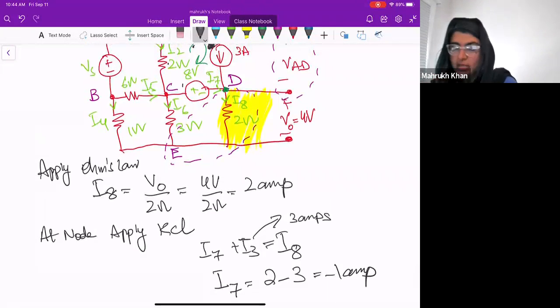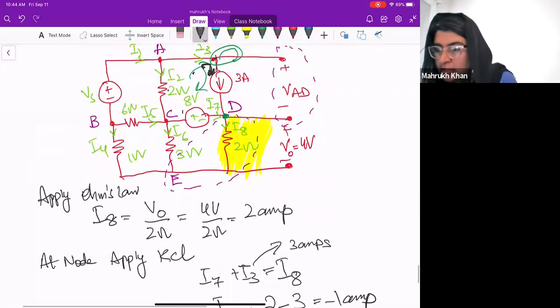Okay, one more thing you need to know now. If you see the circuit, you have VCD. This is 8 volts in this branch. And you have VDE, this one, that is V naught. The other unknown in this loop is VCE.